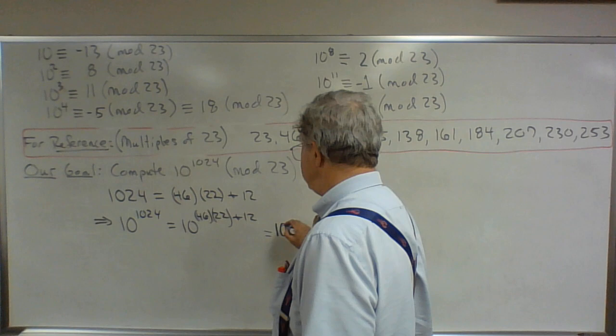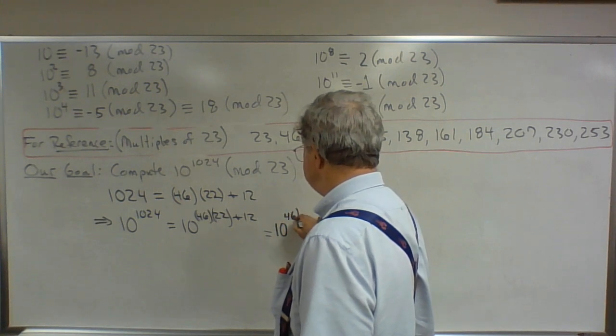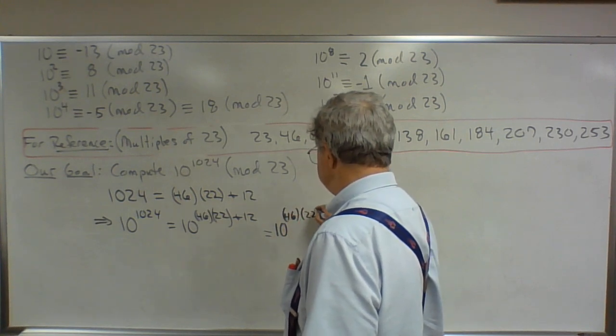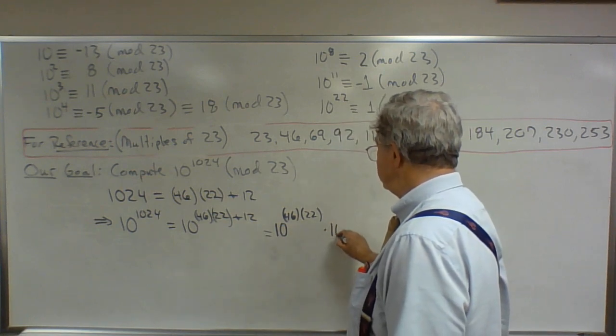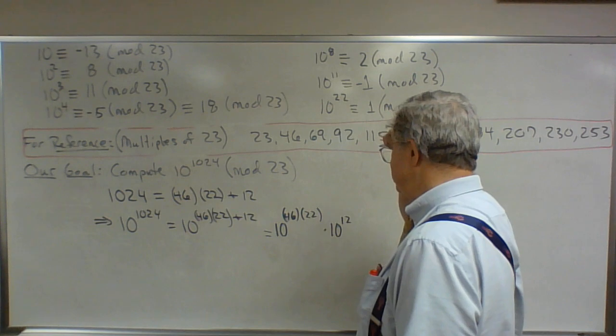So that'll be 10 to the power of the first term times 10 to the power of the second term.